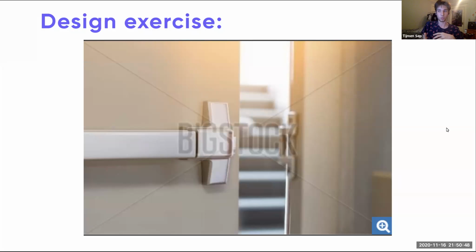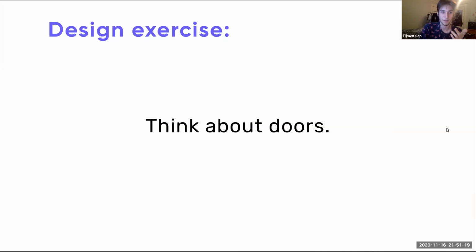So if you put that latch on the door, then the easiest thing to do is push, and then the door opens. And that's exactly what you want to happen. So that's a kind of framework in your mind that you should adopt in order to be a good designer. So think about doors when you're designing things. Next slide.